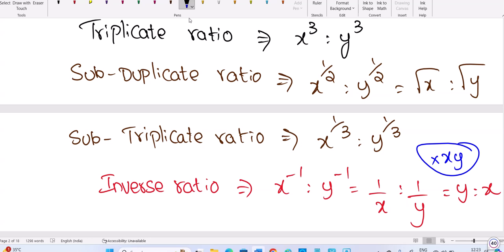Why I'm taking that extra time is that you shouldn't always think of it as reversing. Reverse ratio is different, inverse ratio is different. Reverse means writing from back to front, and there is no such term. Inverse ratio is like a reciprocal, and we take it that way.